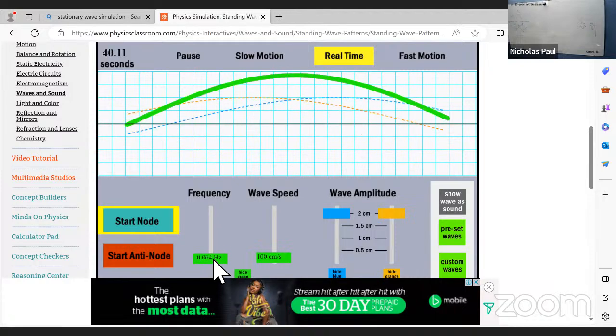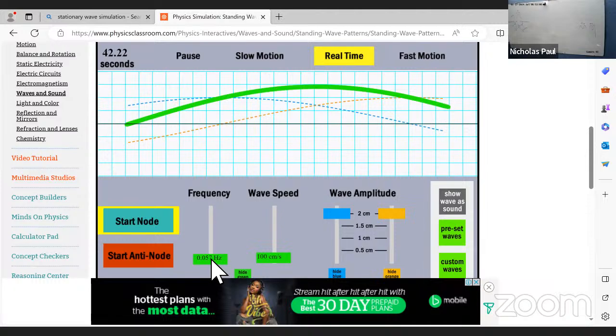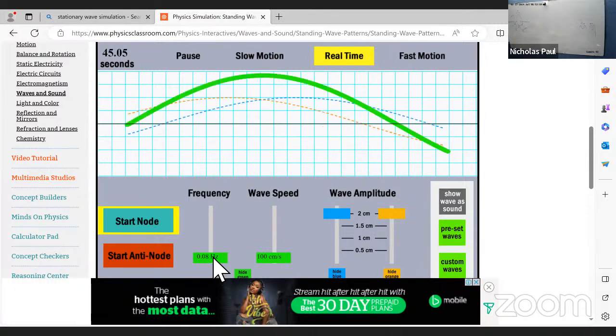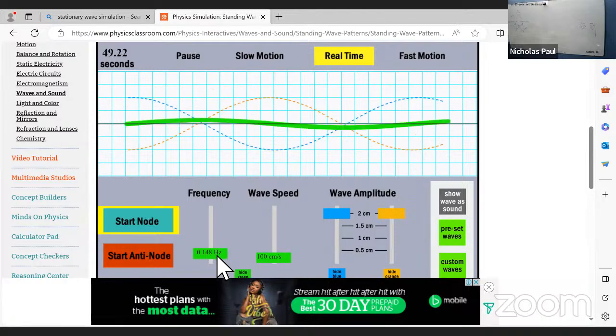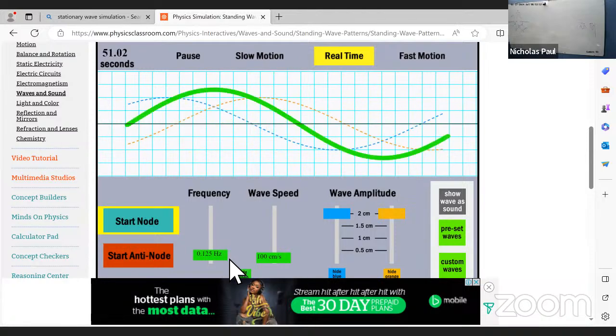Anyway, that's your first harmonic. If I go up a little bit, you'll recognize that it goes to second harmonic somewhere around here. That's almost it.